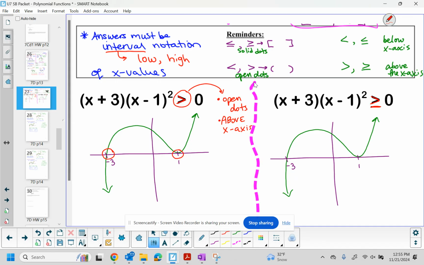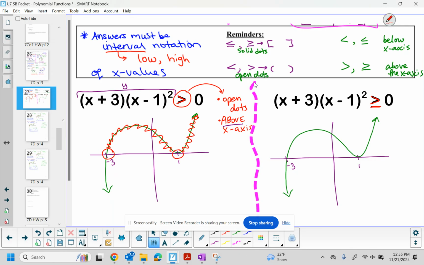I want everywhere above 0. So I want all of this. You can think of this all as being y. So where it's y greater than 0, that's above the x-axis.